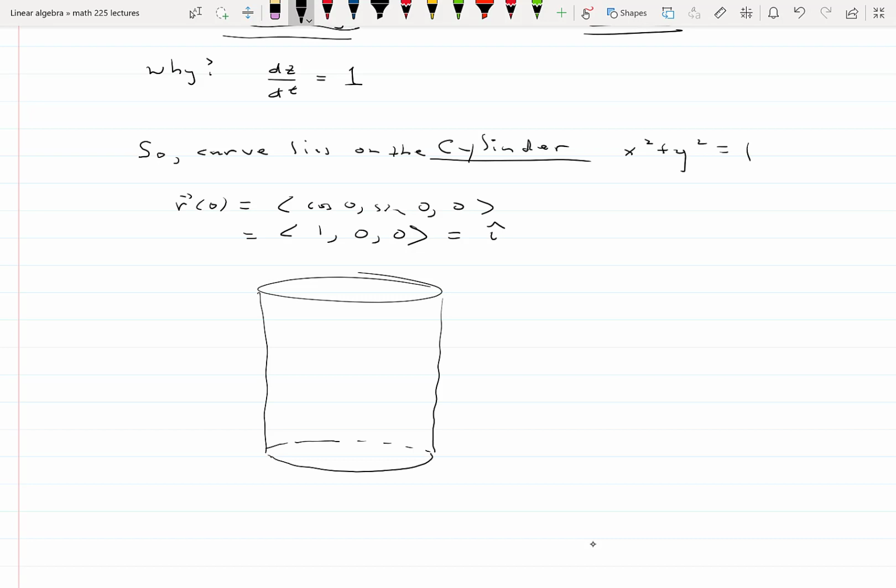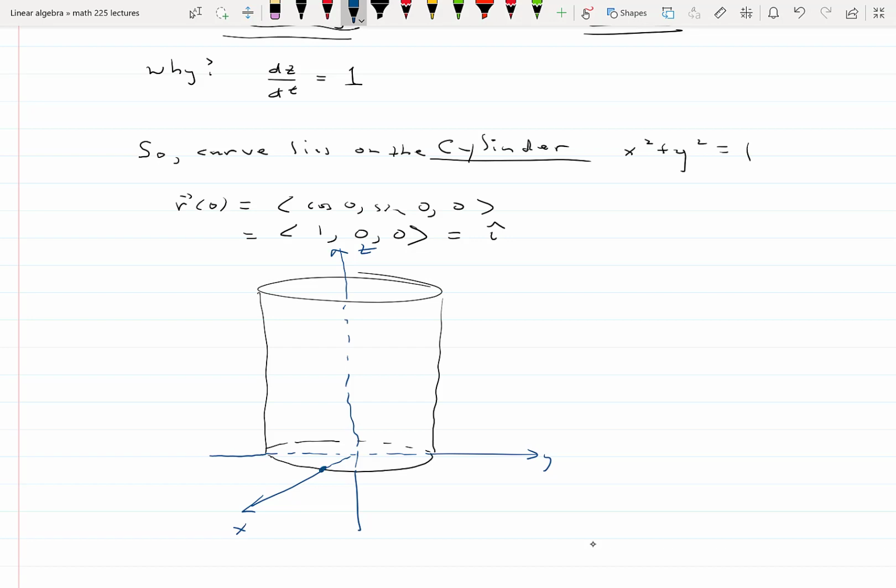Let's introduce some axes here in, maybe say blue. So here's the y-axis. Here's the z-axis. Here's the x-axis. X, y, z. Now I'm going to draw the actual curve in red.